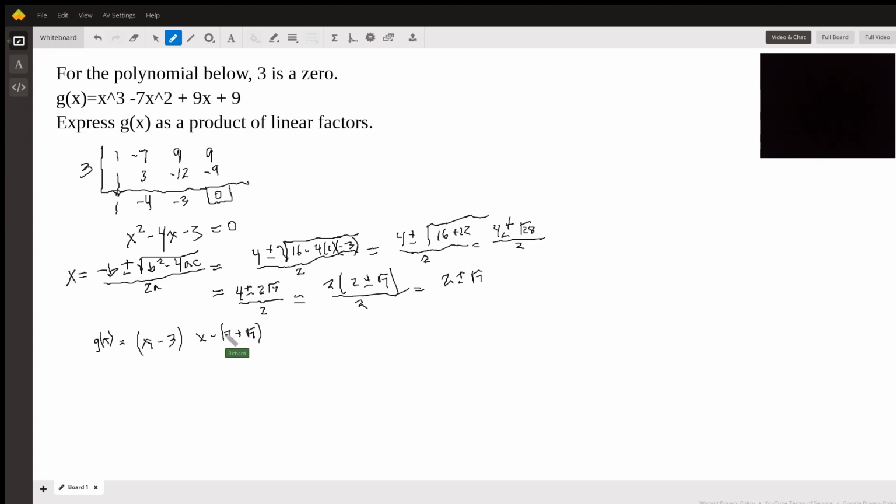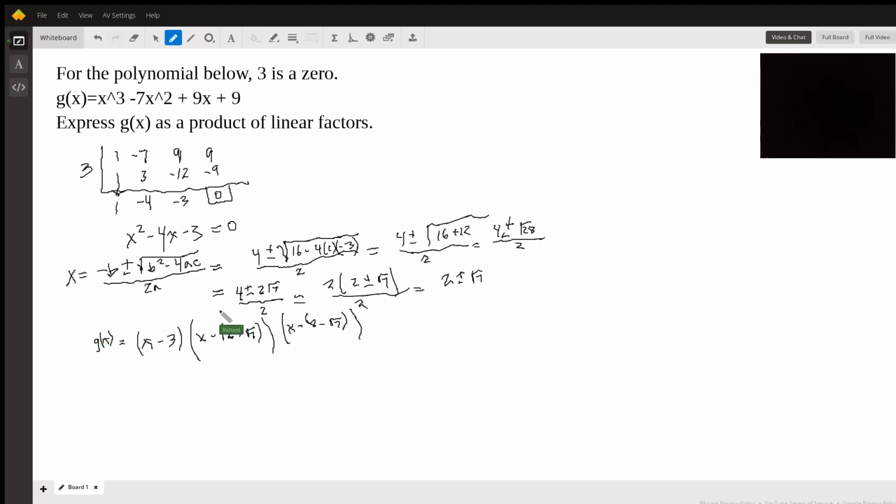Like that. That's a pretty bad 2, but I think you can see it's a 2. And then the last one would be x minus 2 minus root 7, because it's going to be x minus the zeros. And so that's our answer.